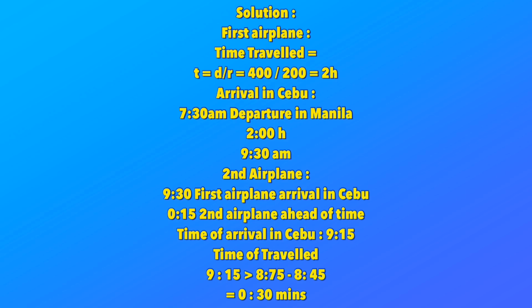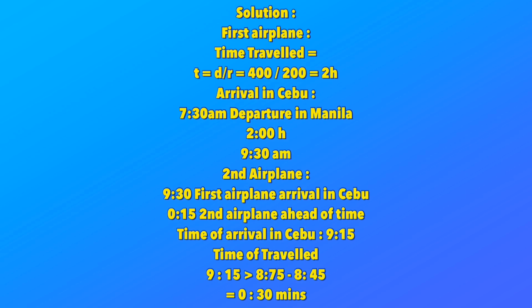Okay, 2 hours is the travel time of the first airplane. Then we have to compute the arrival in Cebu. At 7:30 a.m., plus 2 hours, so we have 9:30 a.m., the time of arrival in Cebu of the first airplane.